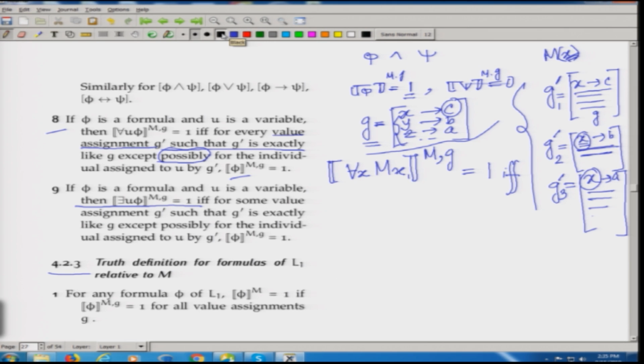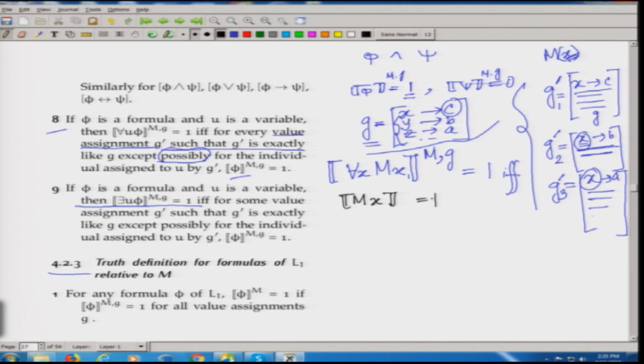It states that in this case, this is 1 if and only if phi, which is nothing but mx, is 1 with respect to all g primes.